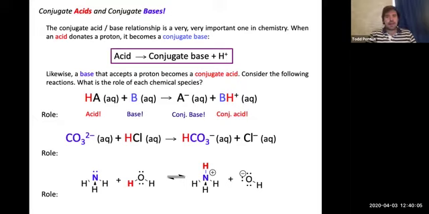Let's take a look now at two different reactions. One where we just have the chemicals spelled out, and then one where we actually have the molecules drawn out to identify what's the acid and base in each reaction. So in the second reaction down here, we have our hydrogen on HCl, and then we have this molecule over here, which is called carbonate, CO3 2-.